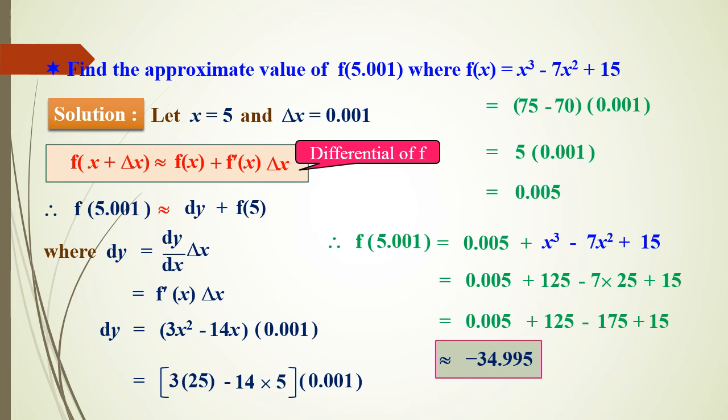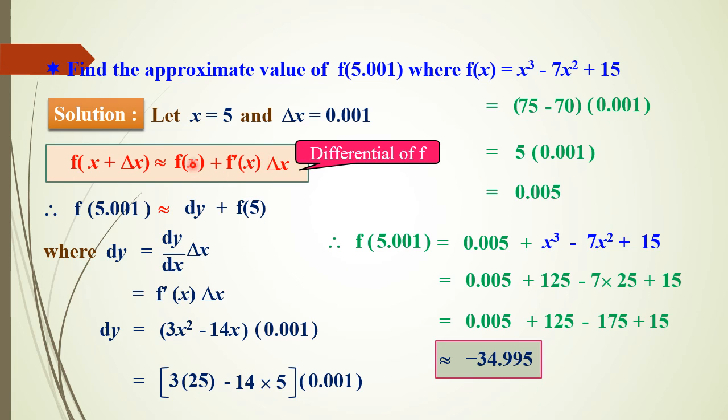In this question, we're finding the approximate value of f of 5.001, where the function is given, f of x equal to x cube minus 7x square plus 15. When we're finding the approximate value of the given function, you consider x is 5, delta x is 0.001. This is the standard form which is used to find the approximate value of any kind of numbers.